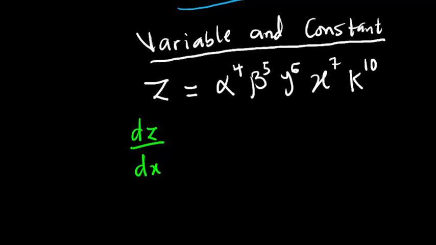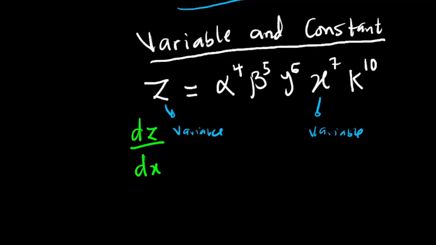We have z, we have alpha, we have beta, we have y, we have x, we have k. The moment I write dz dx, what does that mean? It really means that z and x are the variables I'm having here.